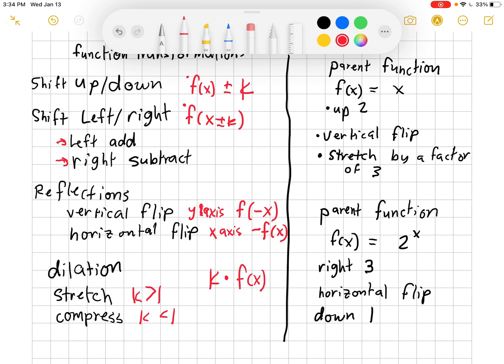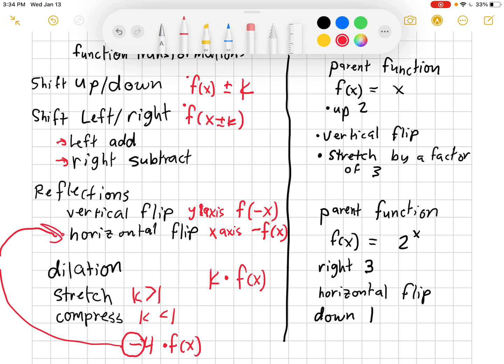Now, there is something I do want to remind us of. If, for example, k was a negative number, for example, -4, we have a negative number, which looks like it's smaller than 1. However, the negative is actually going to be a horizontal flip.